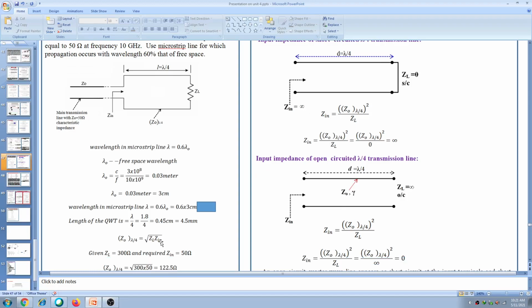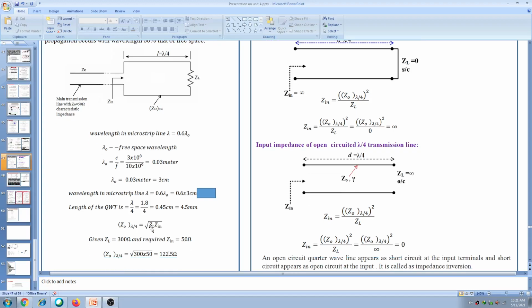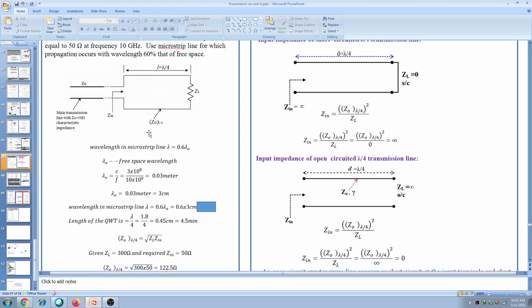So you substitute that. ZIN we needed is 50 ohm and ZL given is 300 ohm. Required value of ZIN is 50. You substitute those two in this equation and you will get the value, that is 122.5 ohms. So the characteristic impedance of this line must be equal to 122.5.